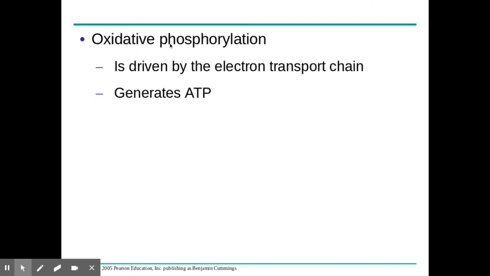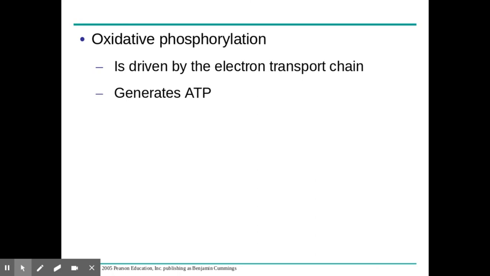So you can see oxidative phosphorylation is driven by the electron transport chain. It makes by far the most ATP of this whole process. And it's also going to involve chemiosmosis. Electrons from NADH and FADH2 are going to be transferred into that ETC, and they're going to end up with oxygen in this process, which is going to then make water.